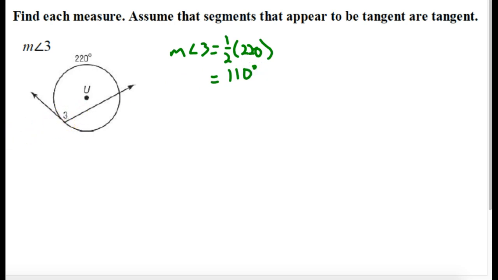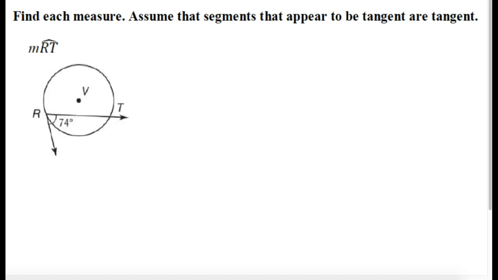All right. Let's do one more example with this stuff. Here, I'm given this angle over here, and my goal is to find the measure of arc RT. Well, we're just going backwards here.